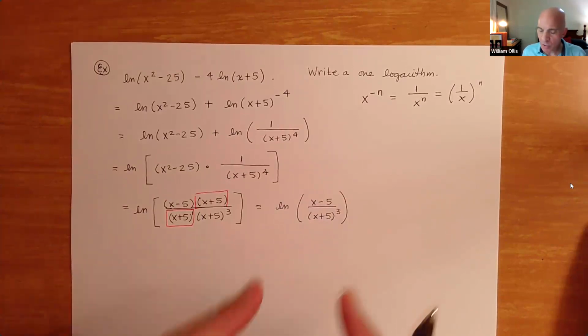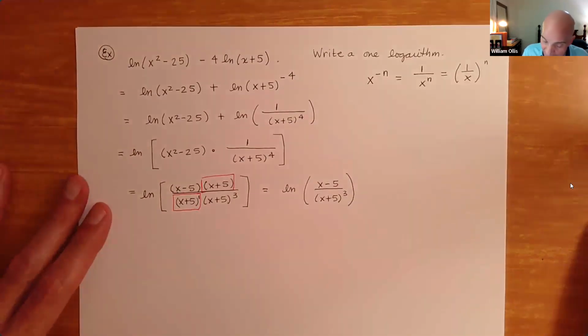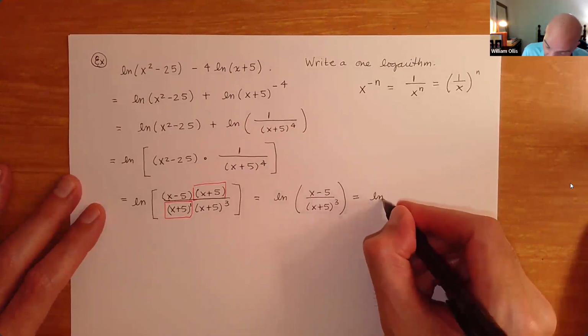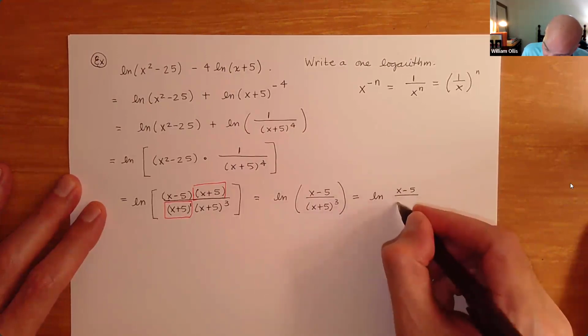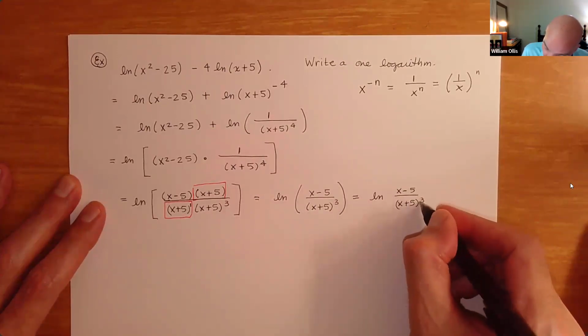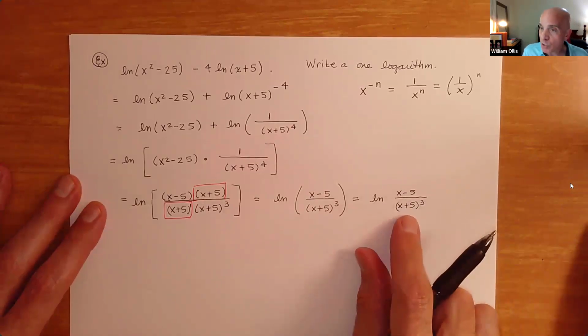So we couldn't do this if we had a sum. For instance, this is fine, or like I said before, you could write this as log of x minus 5 divided by x plus 5 raised to the 3rd power. If you left out the outer parentheses here, I would know what you meant.